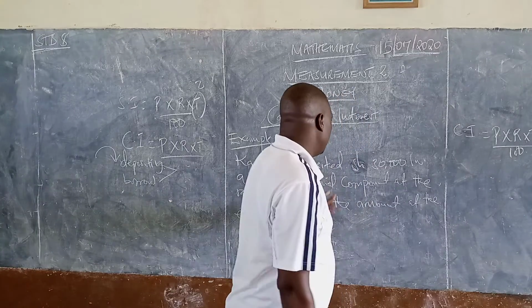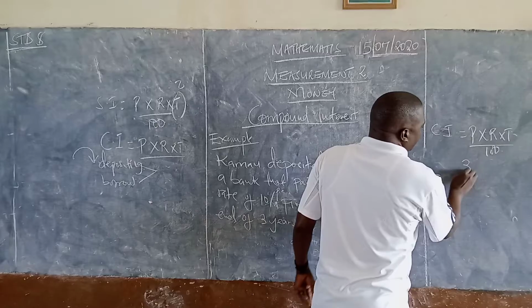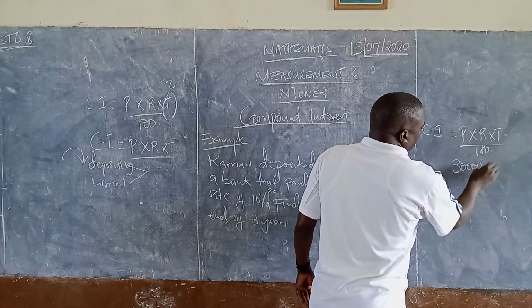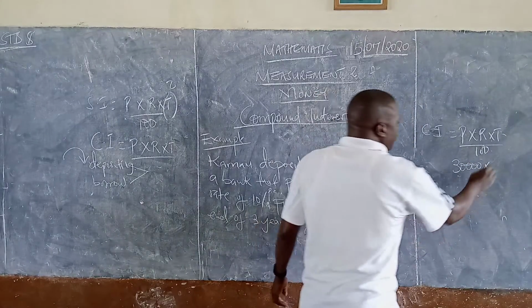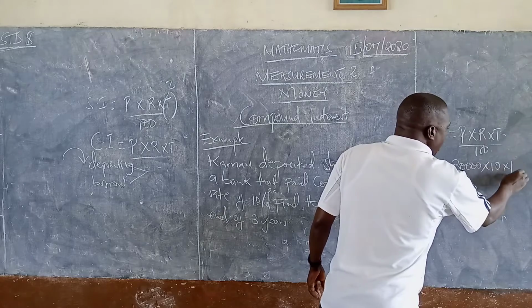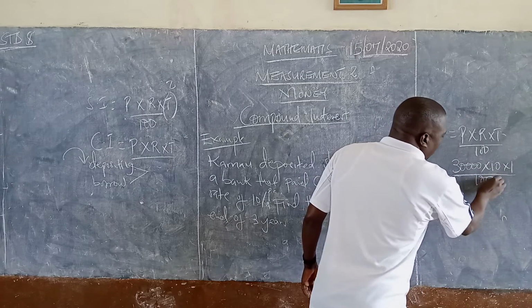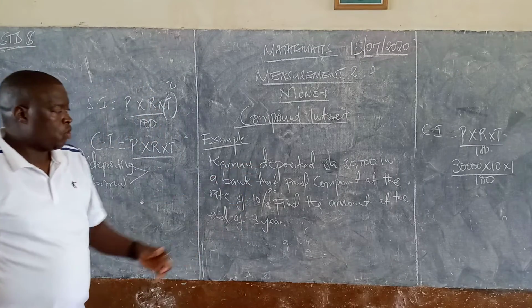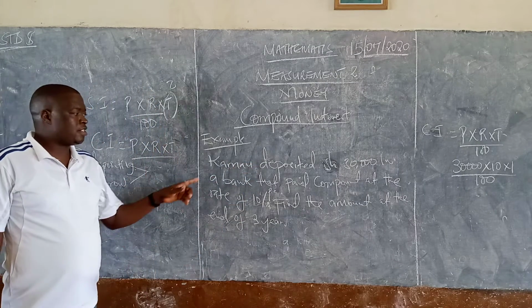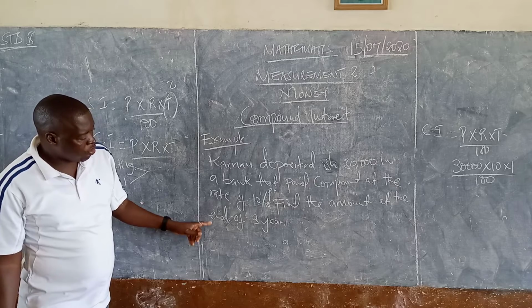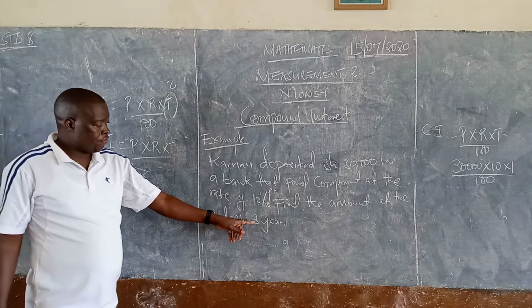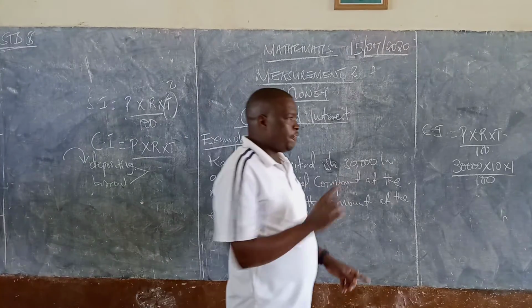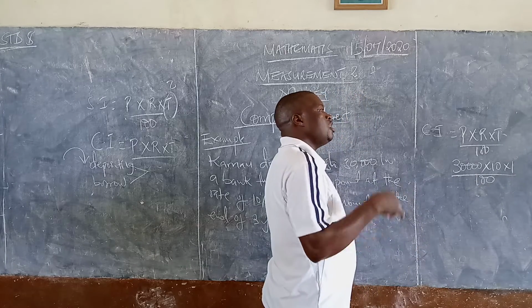Our principal, the money deposited, is 30,000, multiplied by our rate of 10%, our time is 1, over 100. Why are we saying times 1? We want to get the interest for the first year. Remember, this money is going to stay in that account for a period of 3 years.